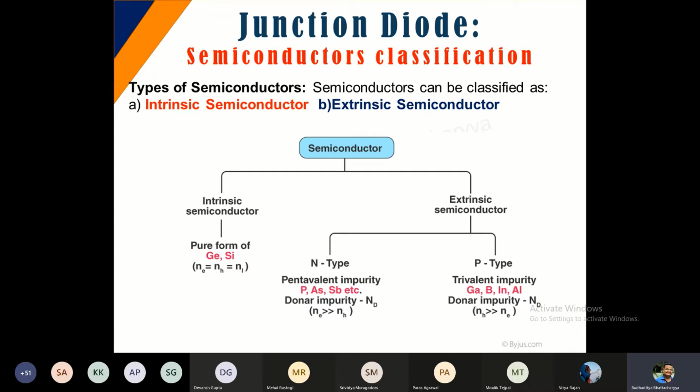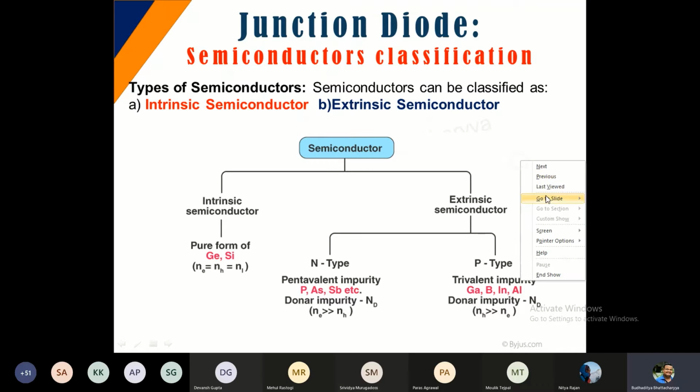So now, in an intrinsic semiconductor, we are considering a pure material of germanium or silicon. The other option is if an impurity comes in with the pure material. That is basically what we call the extrinsic semiconductor.